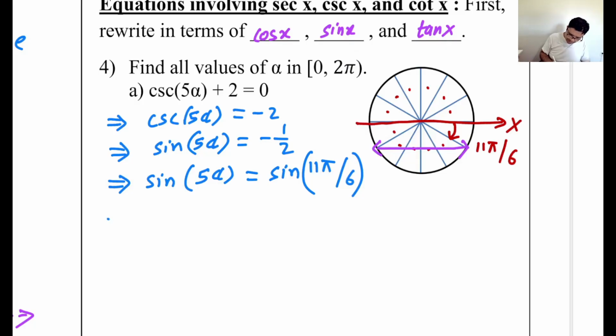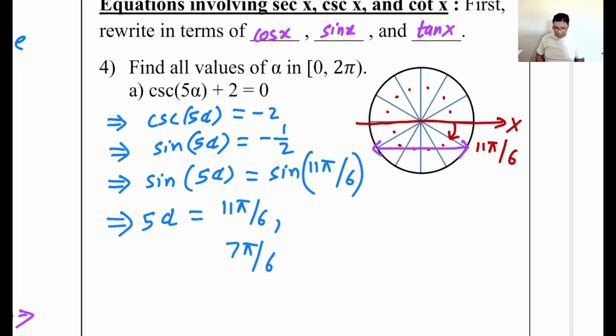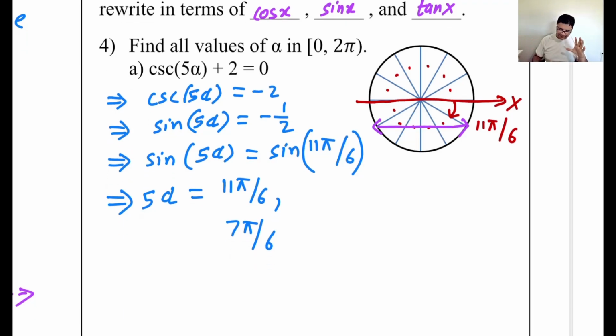So because of that, we say 5 alpha is equal to 11 pi over 6 or 7 pi over 6. Right? Okay. That's what we do for sine.